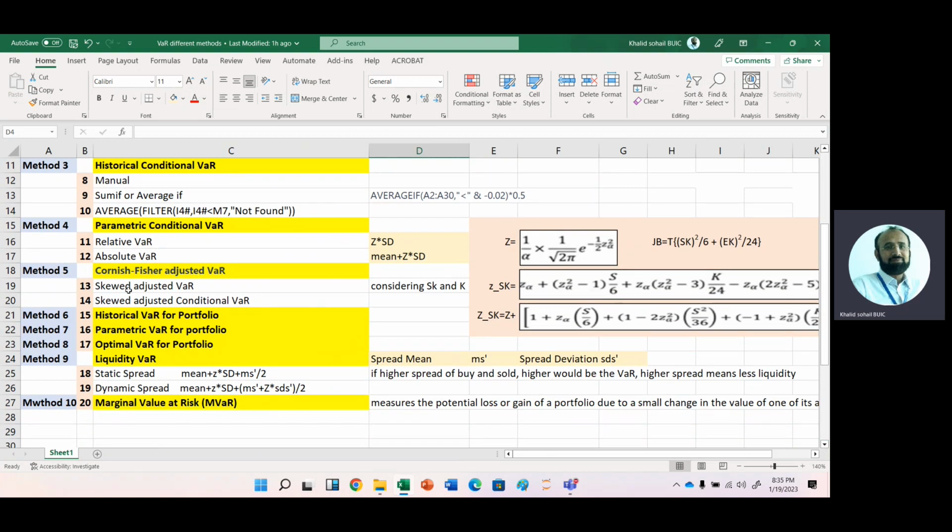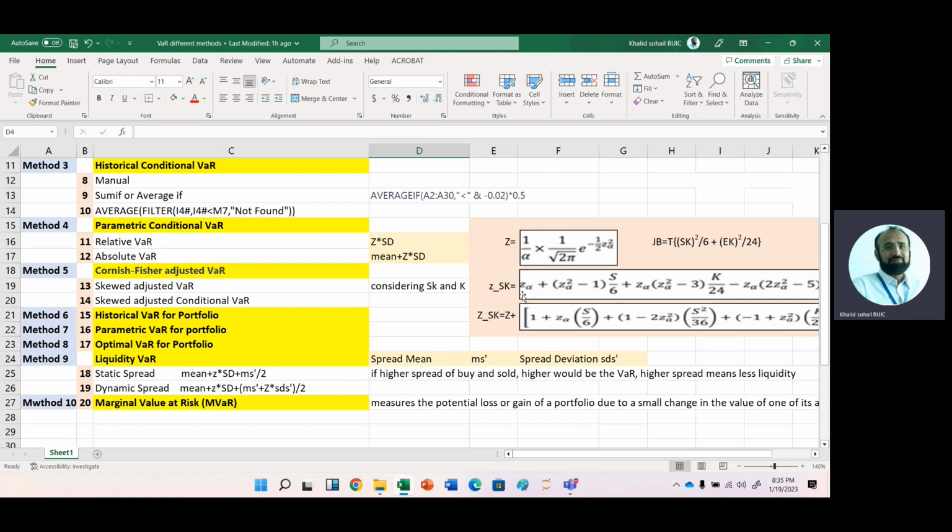In the first method, skewness is adjusted, and that is called adjusted value at risk, where we just calculate simple value at risk. Similarly, we can calculate conditional value at risk that is also adjusted for skewness as well as for kurtosis. The only difference is the value of z.